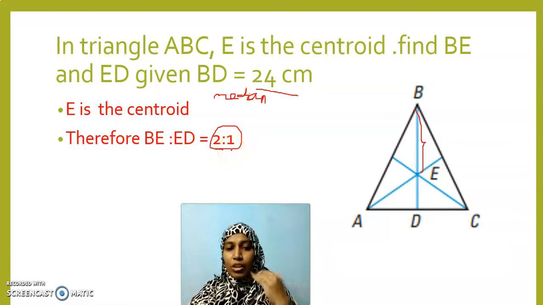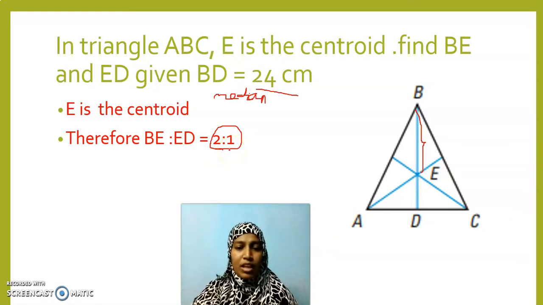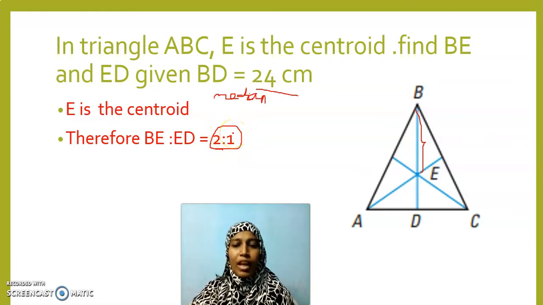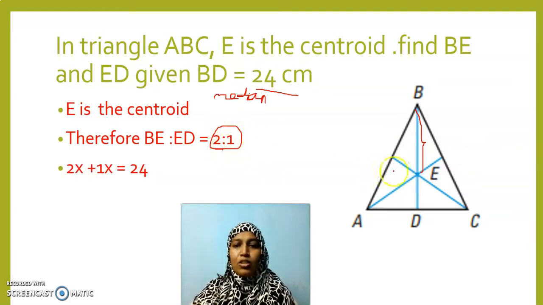Now think about the simple equation chapter. Whenever we come across a ratio, what will be the original number? We will multiply with the common factor, as 2x and 1x. So I can say this is 2x and this is 1x.